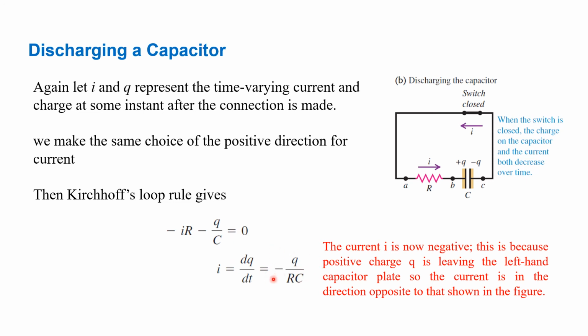And as you can see, you have a negative I. The current I is now negative because your positive charge Q is leaving the left-hand capacitor plate, so that the current is in the direction opposite to that shown in the figure. That is, the current should be going to the left, or traveling clockwise.